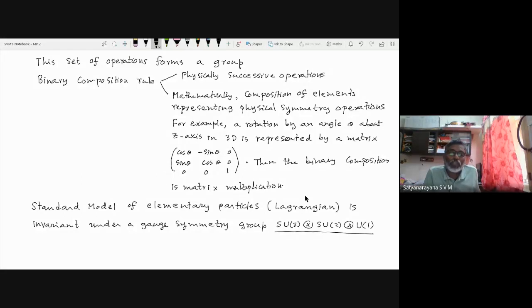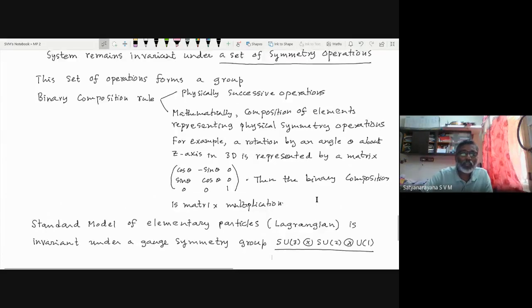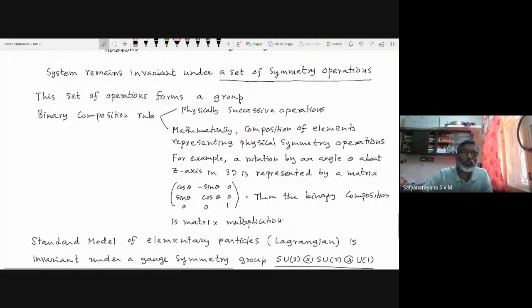So it is this invariance and then identification of symmetry in the Lagrangian or the Hamiltonian that helped people to identify some kind of a pattern among the zoo of particles that have been discovered in the 50s and 60s, and then a standard model of particle physics has become possible because of this underlying identification of this underlying symmetry in the Lagrangian.